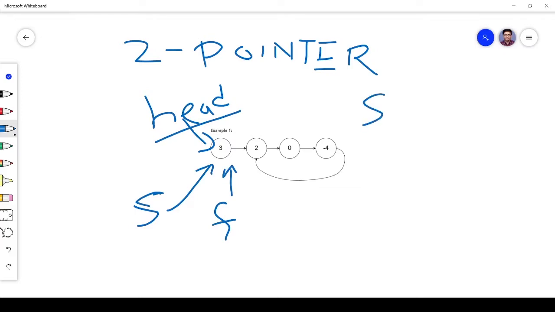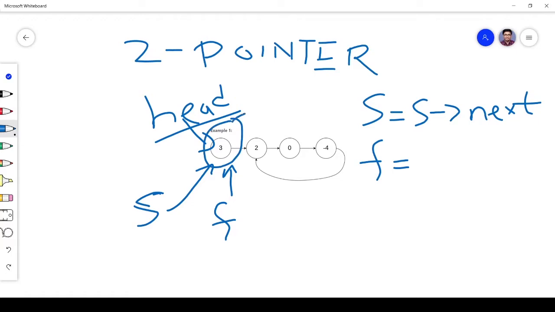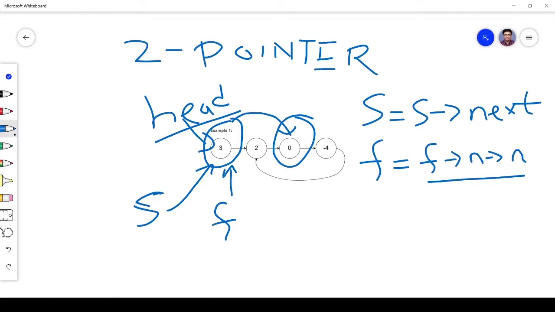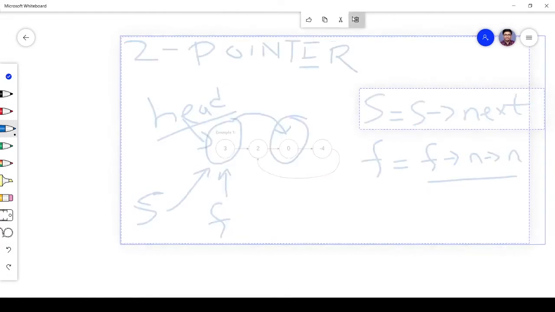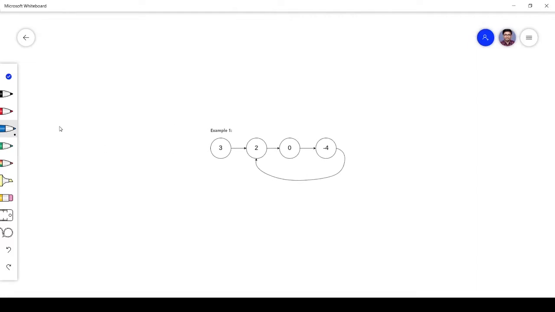The slow pointer will move by one node, S = S.next, and the fast pointer F will jump by two nodes, F = F.next.next. So the slow pointer moves by one node and the fast pointer moves by two nodes.